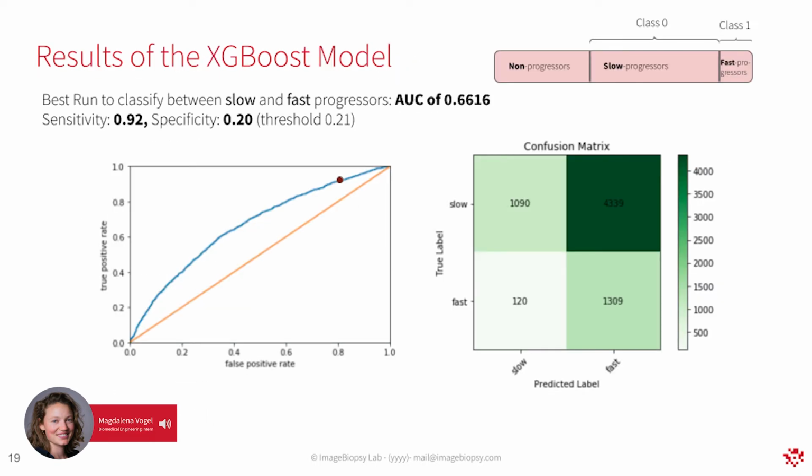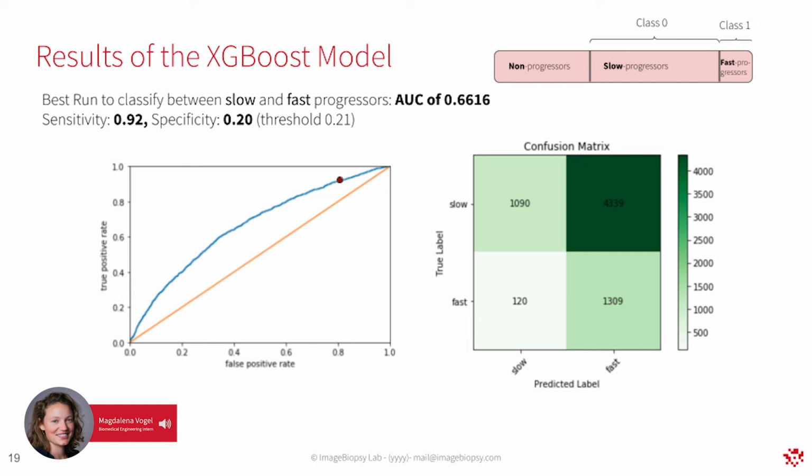The first results were from when we applied the exclusion criteria I said before. So we just classified between slow and fast progressors. Here we could achieve an AUC of 0.66. The ROC curve for this can be seen on the left side.